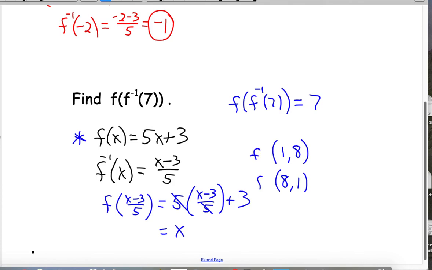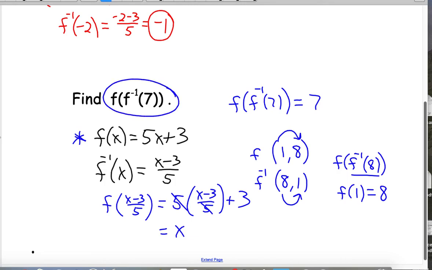So this is f, this is on f inverse. So when I do f of f inverse of a number, like 8, f inverse of 8 just gives me the original input, and then I'm going to do f of that input, which is going to go back and give me the output again. So it's kind of redundant, and I'm just going in circles here. So as long as f inverse is a function, f of f inverse of anything is just going to be itself, because it's the identity function.